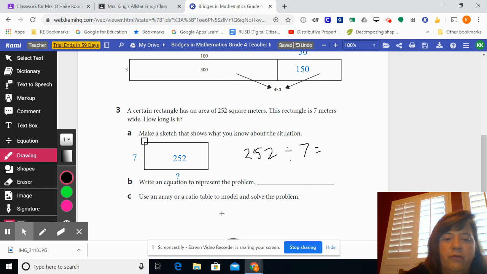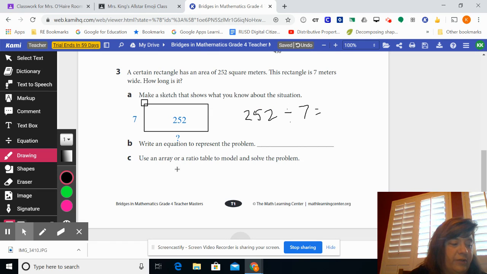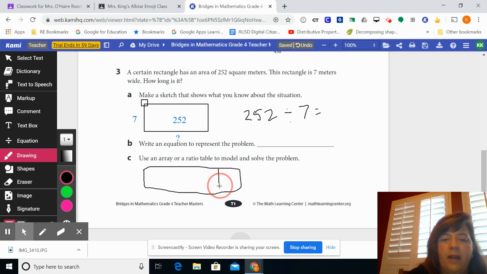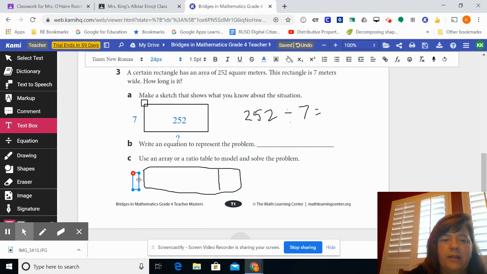So I can use an array or a ratio table to solve this problem. So I'm going to put in a square right here, like this. It's not great, but I want to make it a little bit different than the square they're going to give me. I'm going to draw that. So that's going to be my area model, which for me is a little bit easier to do. So I'm going to do a text box, and I know that 7 is going to be here. And I'm going to separate 252 out.